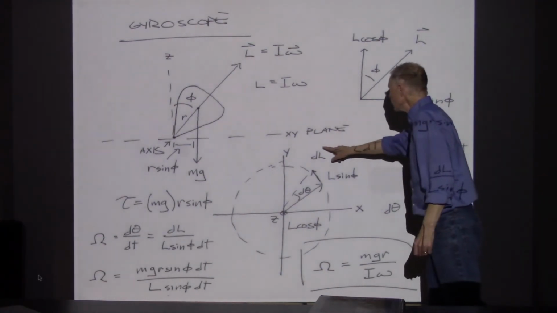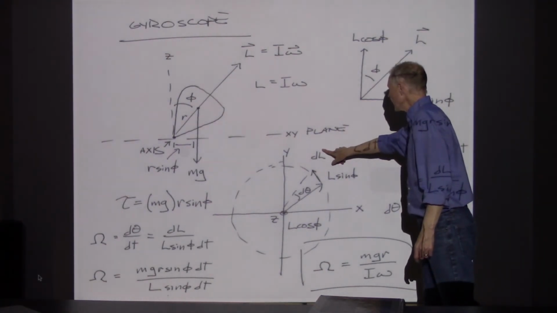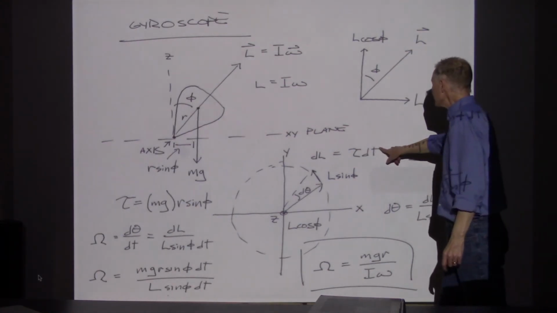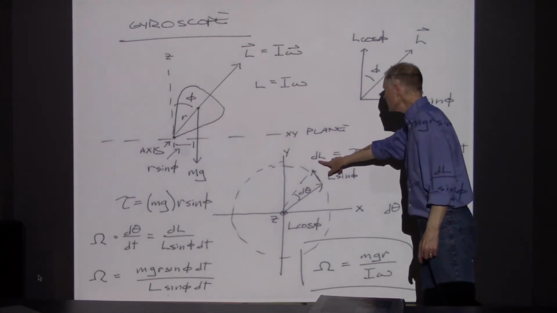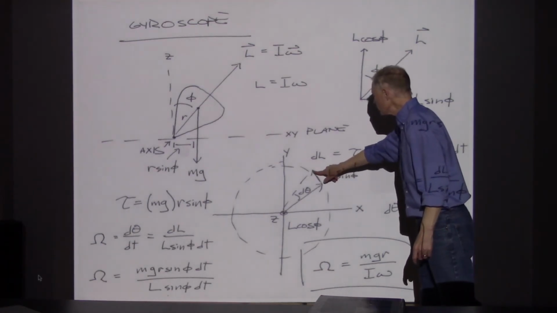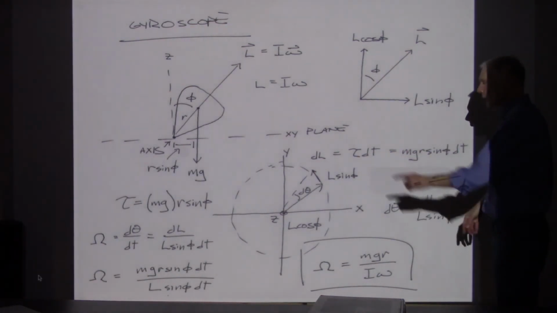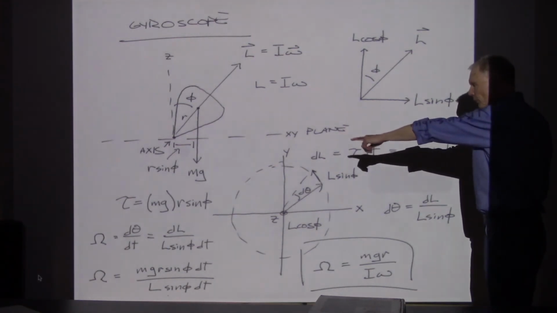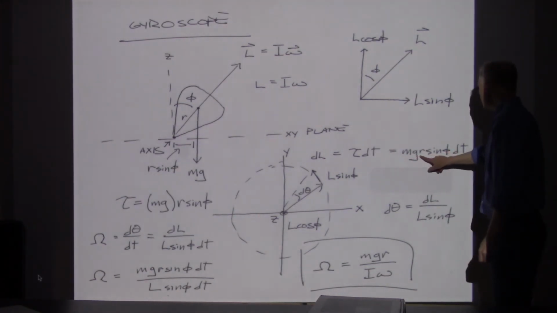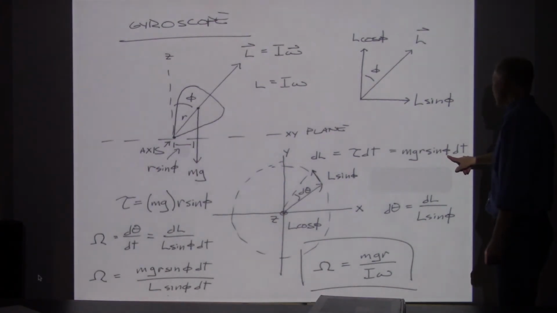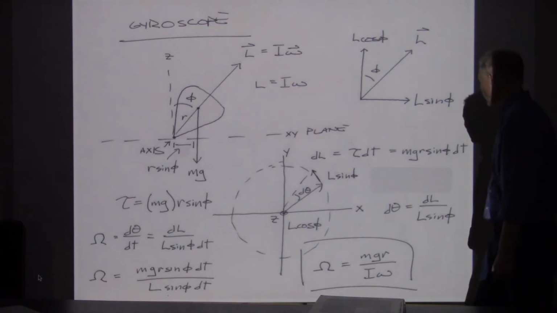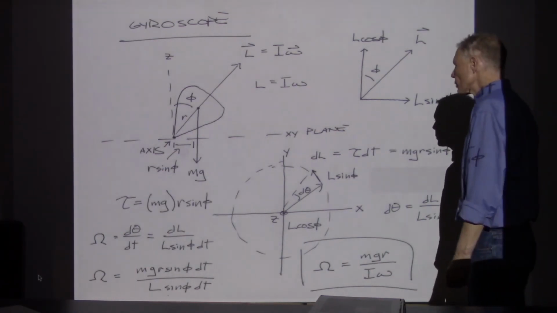So we can look at the angular momentum and relate it to the torque. So dL, the rate at which the angular momentum is varying, is torque times dt. And from what we looked at gravitationally, the torque is mg r sine theta. We'll add the factor of t in here.